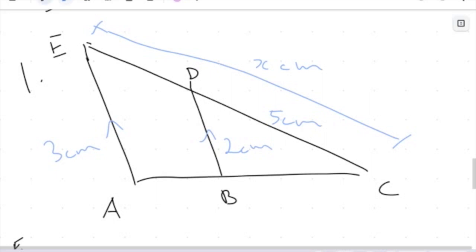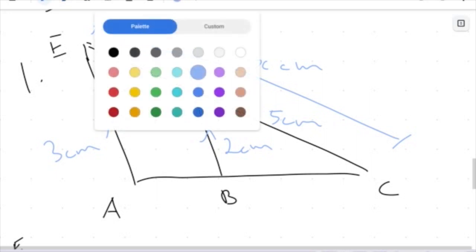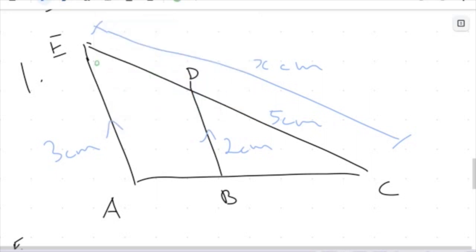You may recall that this angle and this angle should be the same. Why? Because remember when we have this type of F shape here, the angles contained here and here are going to be equal. These are what we call corresponding angles.